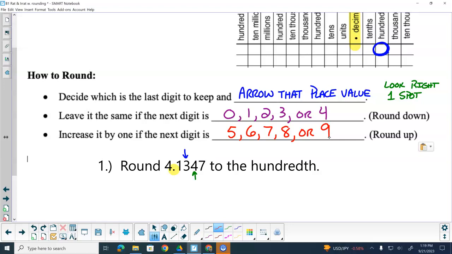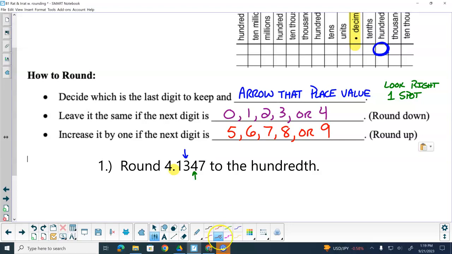So I'm rounding to the hundredth, which is 2 spots to the right of my decimal point. I look at the next number. The next number is 4. Is that a keep the same or go up by 1? Keep the same.